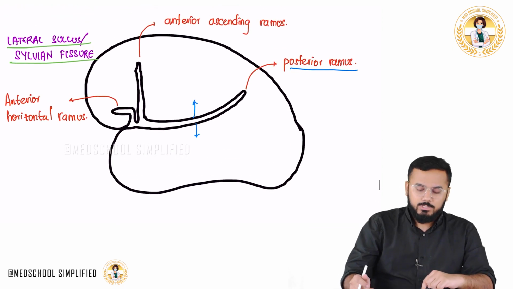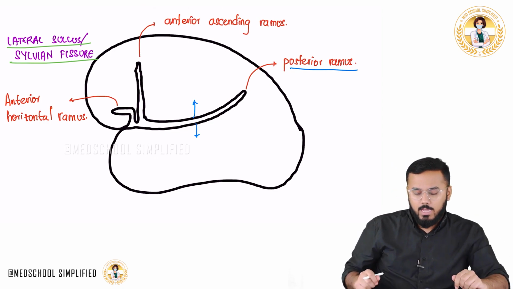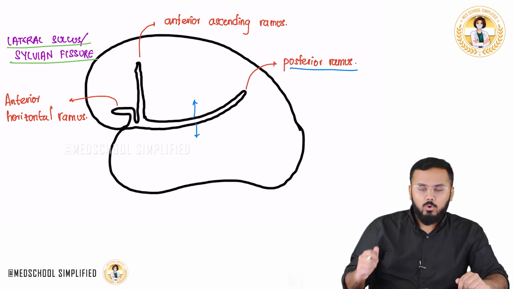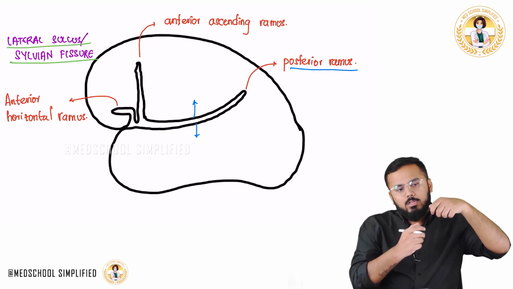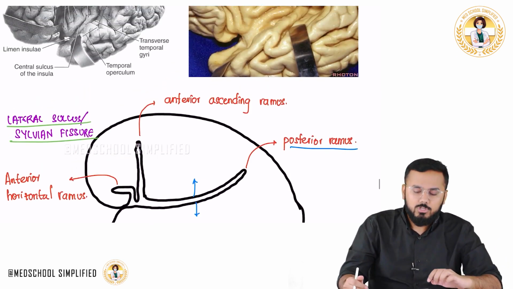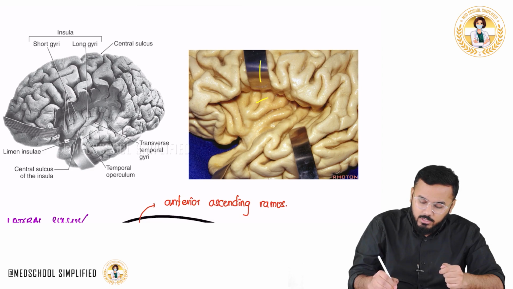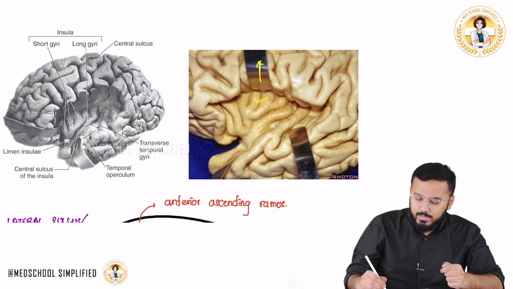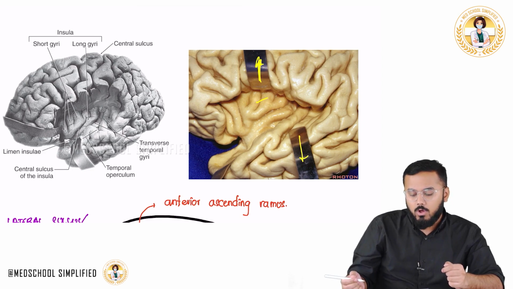Now I will stretch these two valves, the upper wall as well as the lower wall. When I stretch and open them, you can find some more structures inside. As you can see here, with the help of retractors, he has stretched one wall above and the lower wall below.